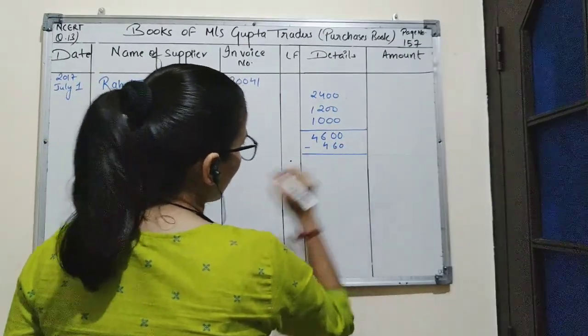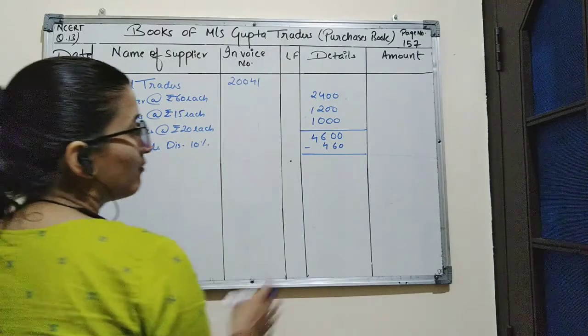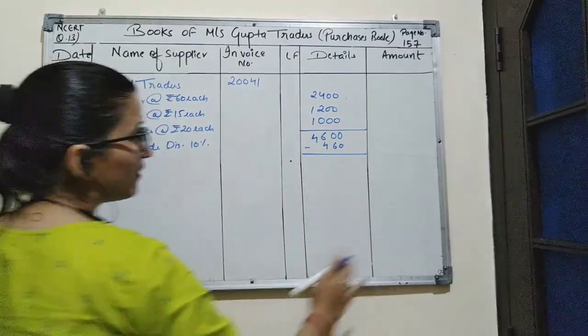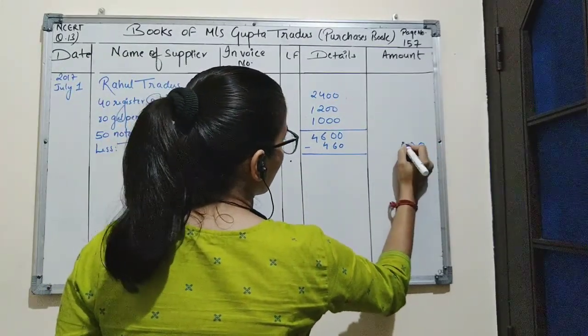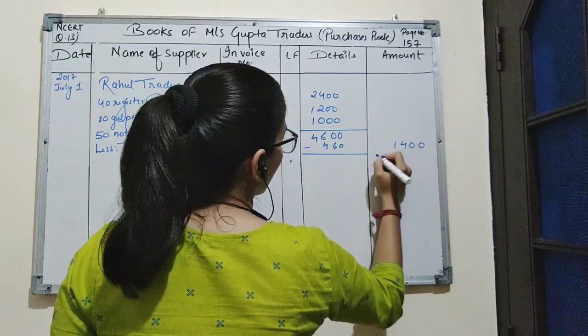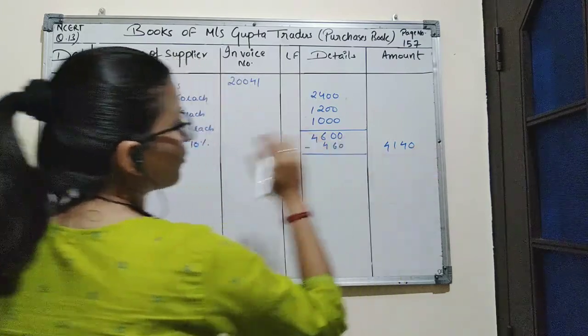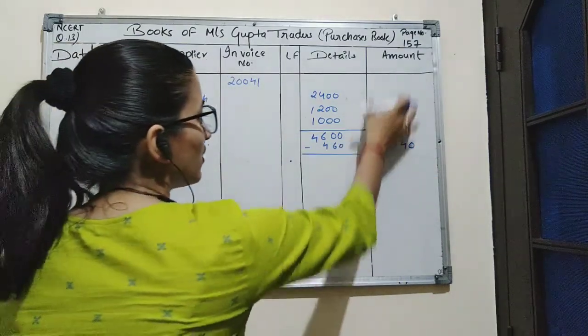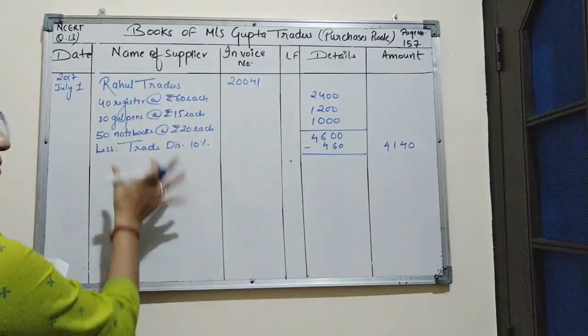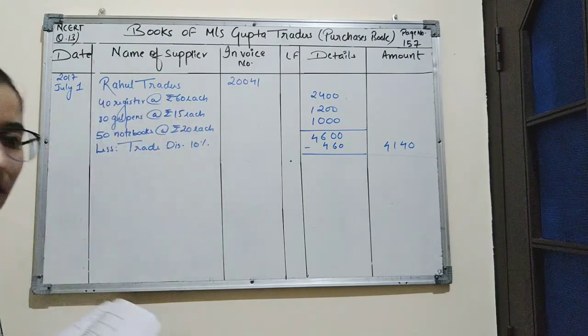So we will deduct 460. Now by subtracting 460 from 4600, we will get the amount 4140. So 4140 is the total amount which has been purchased from Rahul Traders.